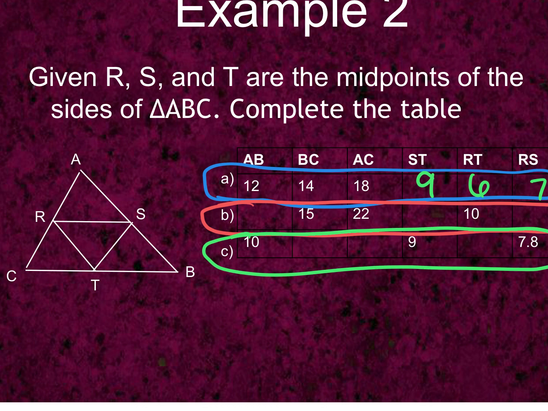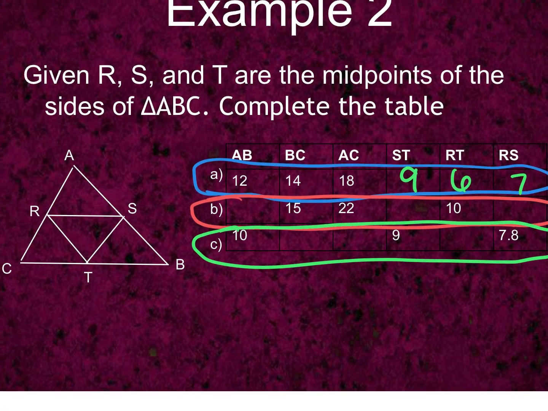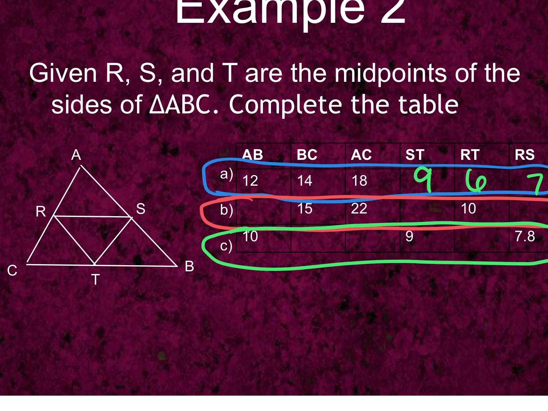Cody? RT is 10. How does that help us? Good. RT is exactly half of AB. So what do we do with RT's value? You multiply it by 2, right, Cody? So what's the length of AB? 20.